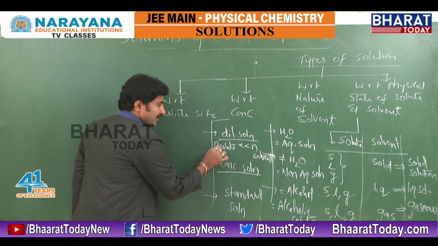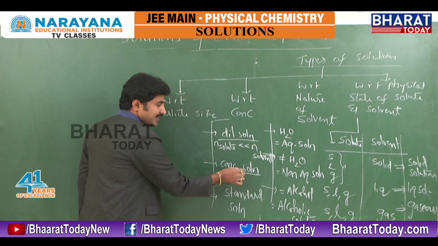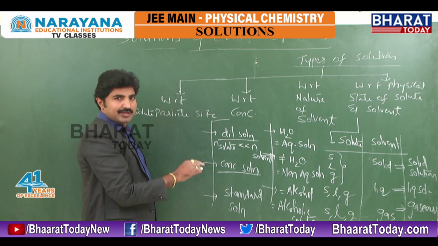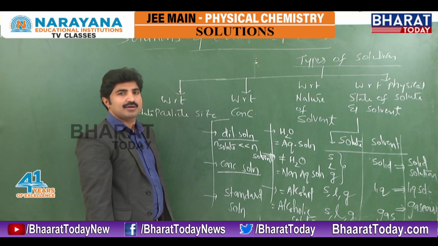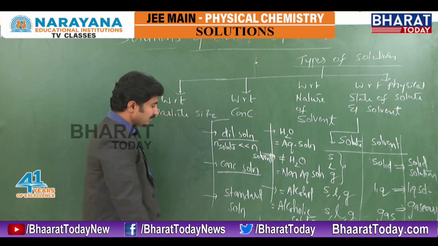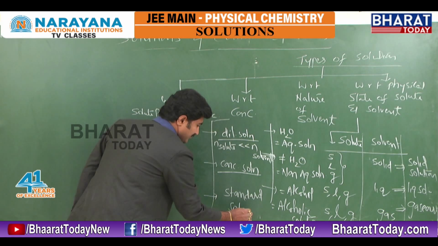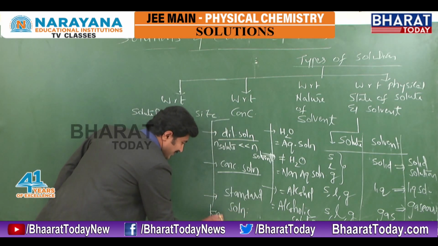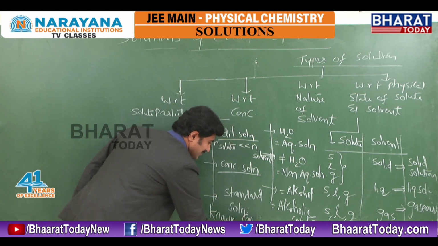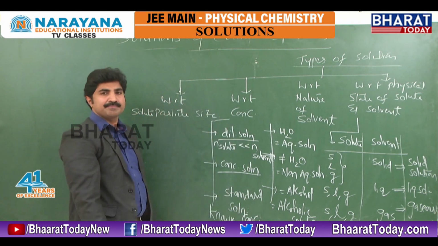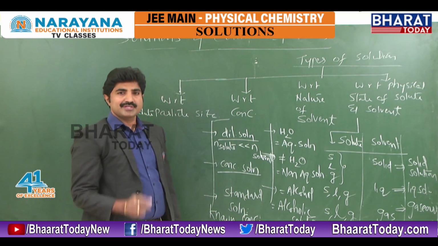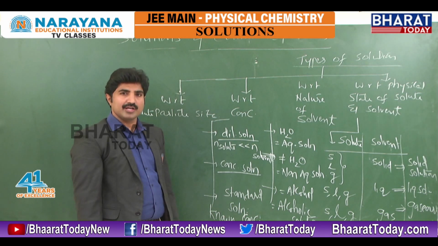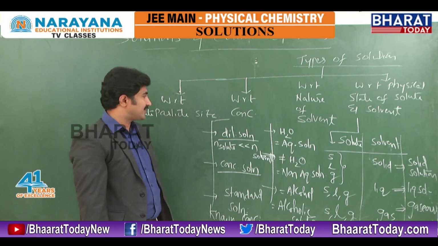Suppose the number of moles of solute is considerable with respect to the number of moles of solvent, those are called concentrated solutions. And a standard solution is a known concentration solution. A known concentration solution is nothing but a standard solution. Standard solutions are prepared in a volumetric flask or standard flask.